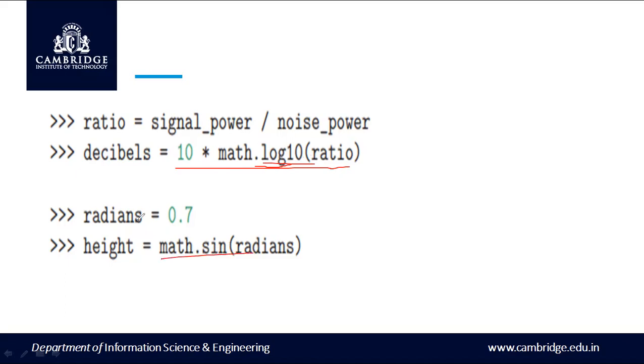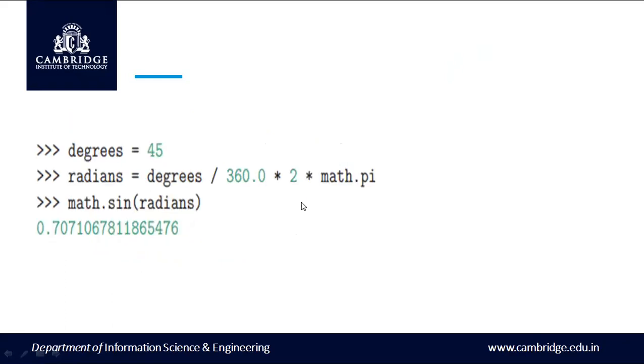You can see it converts the radians to height. So math.sin is required. In order to use the sine function, we are going to type math dot sin. So this is the usage of math functions and dot operators in the programming language.